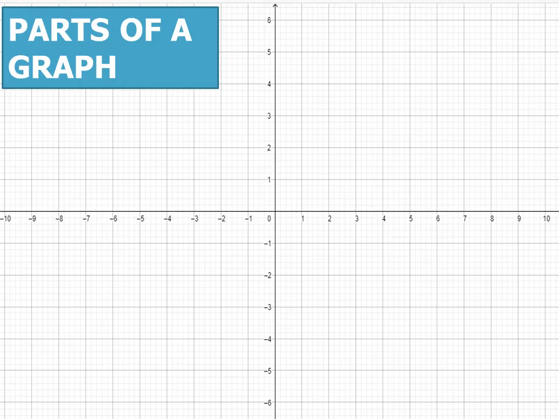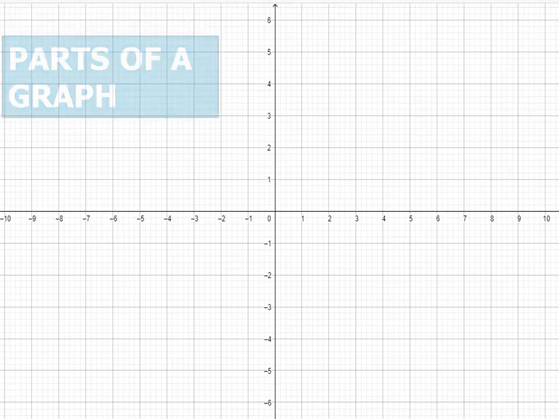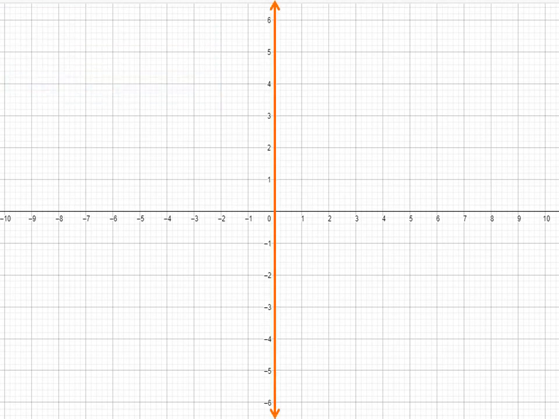So yes, it's called a T-shaped graph because the axes, the two main lines here, the two bold lines that you see on the screen, are in the shape of a T. Now, let's start looking at the parts of a graph. This line that runs from top to bottom that looks like a number line is what we call our y-axis.